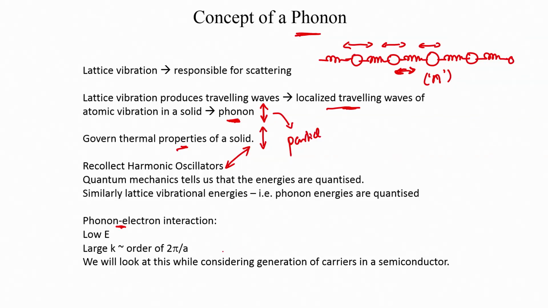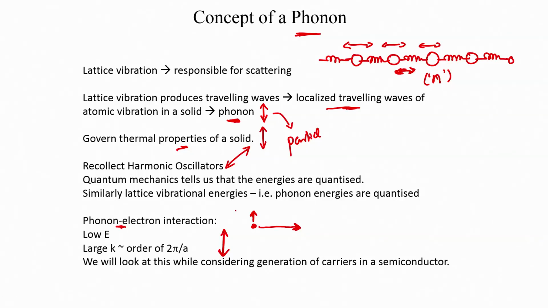But a clue or a good indicator to what this interaction of a phonon with an electron does is that a phonon, after interacting with the electron, does not increase the energy of the electron too much, but it has the potential to significantly affect the momentum of the electron.